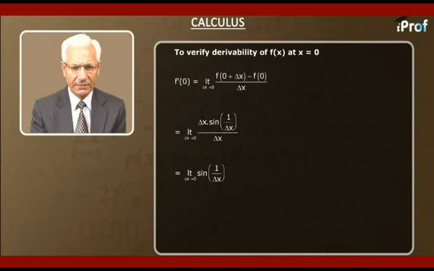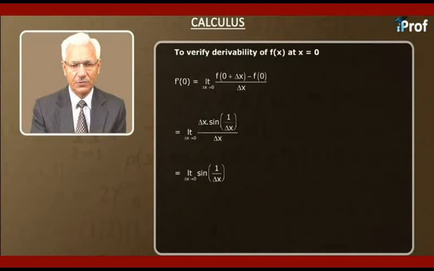To verify derivability of f(x) at x equal to 0, we take up f dash 0 equal to limit delta x tends to 0 of f of 0 plus delta x minus f(0) upon delta x.